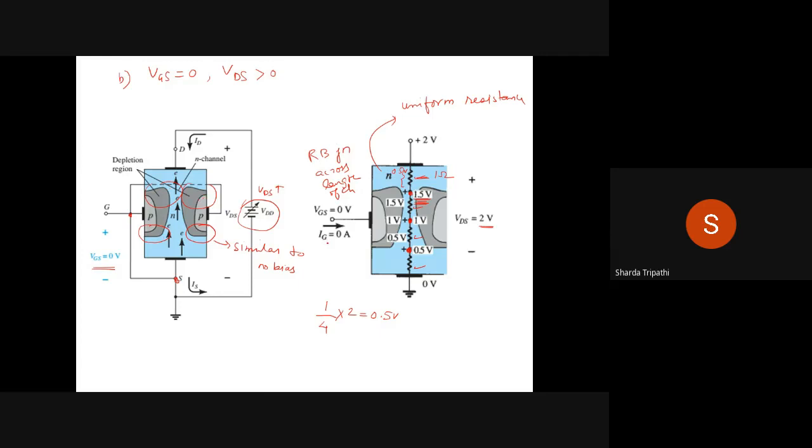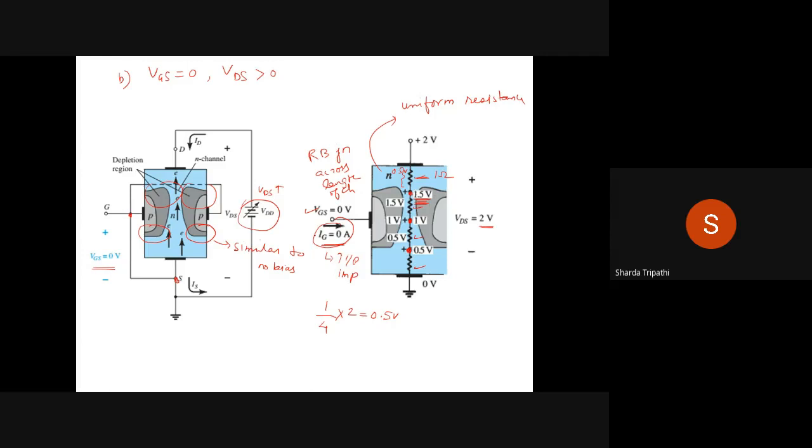Then another point that we need to observe over here is that the gate current is shown to be 0. So of course this is 0 because VGS is 0 right now. And we also know that because of very high input impedance, this has to remain 0. And by one more fact, we can support this argument, and that fact is that the channel is actually reverse biased throughout the entire length of the channel.